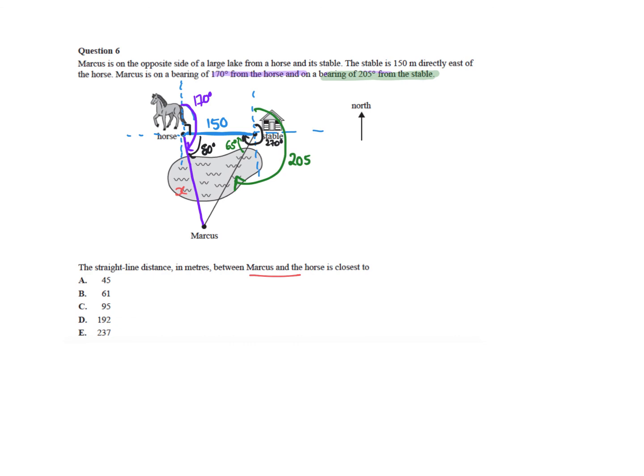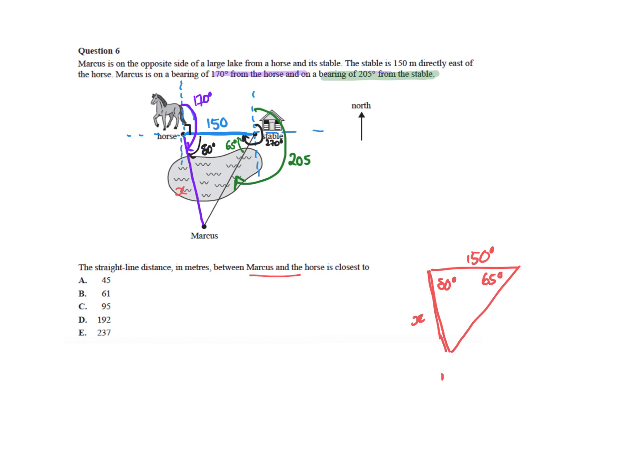So let's draw our triangle out with a lot less mess and see what we've got. We've got 80, we've got 65, we've got 150, and we've got X. If we go through our flow chart, do we have a right angle? No. Do we have more than one angle? Yes. So we're using the sine rule.